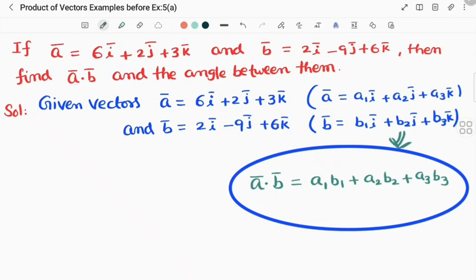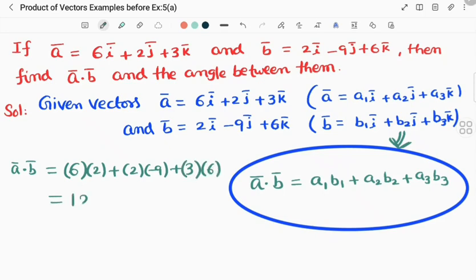So first A bar dot B bar they are asking, no? So A bar dot B bar is equal to A1 value 6, A2 value 2, A3 value 3. Similarly, B1 value 2, B2 value minus 9, B3 value 6. So apply this formula. A1 B1 means 6 into 2 plus 2 into minus 9 plus 3 into 6.